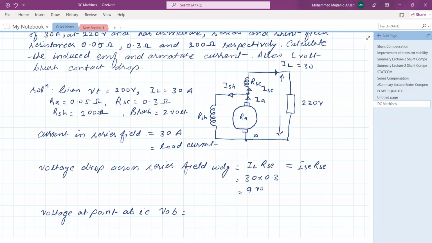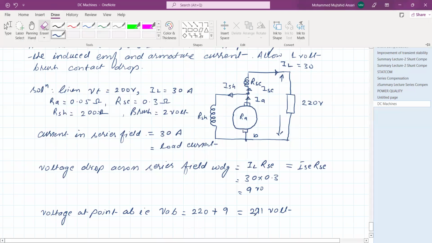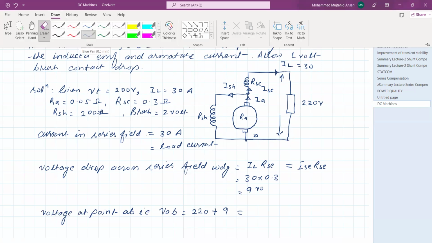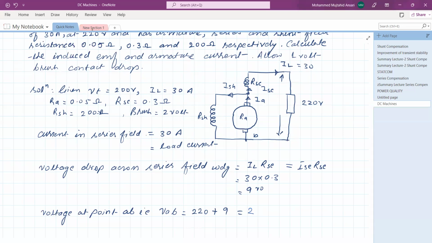Voltage across AB is equal to 220 plus 9, which is equal to 229 volt. The series drop adds to the terminal voltage, so this voltage is 229 volt.